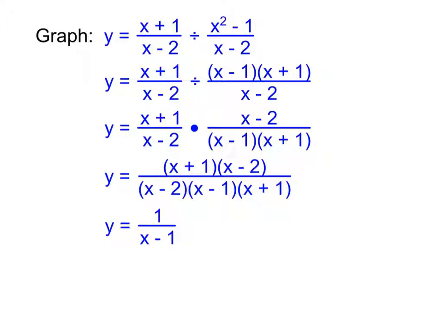But we do need to now account for the restrictions. So we need to say what x cannot equal here. Well, remember that x cannot equal anything that was ever going to make the denominator equal 0. Well, if I take a look at this step, this is the one I tend to look at first. So looking at that step, that's going to tell me a positive 2, a positive 1, and a negative 1. Because all of those would make that denominator equal 0.